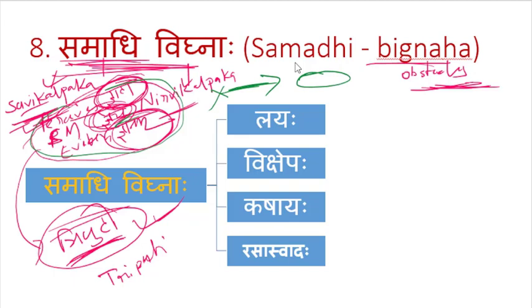Now, to attain Nirvikalpaka Samadhi, there are obstacles. Four obstacles. One is called Laya, this is called Vikshepa, third is called Kashaya, and fourth one is called Rasaswada. You need to understand these four.